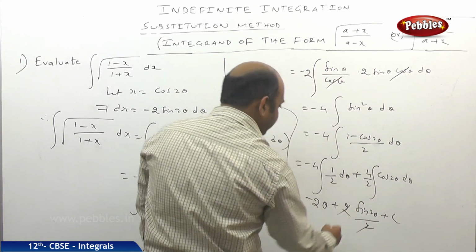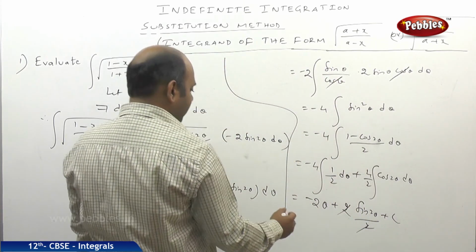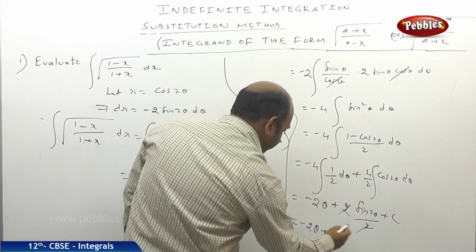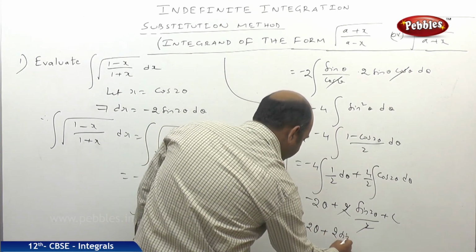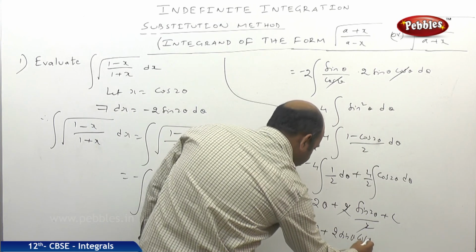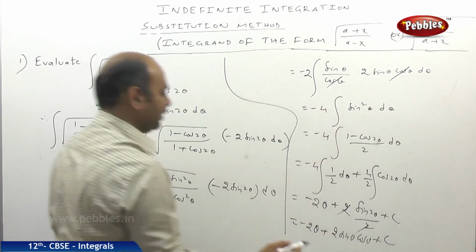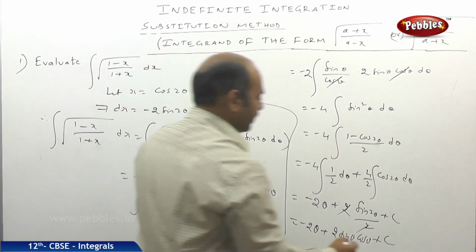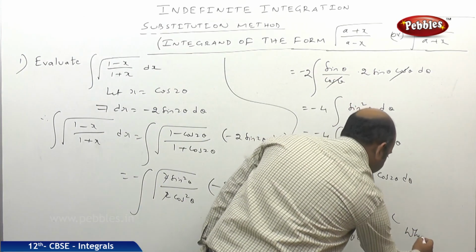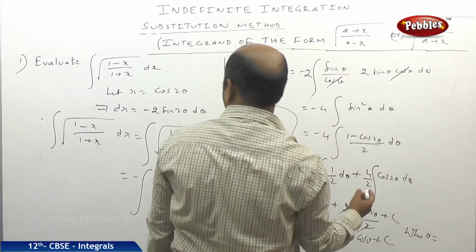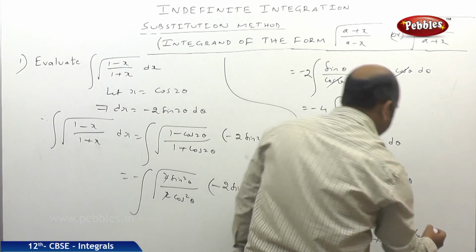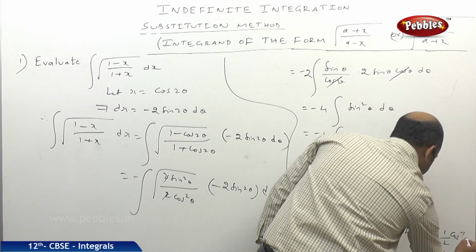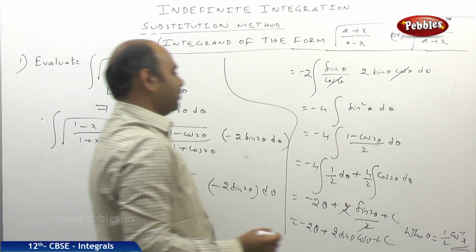Again 2 will get cancelled. So finally there remains minus 2 theta plus sin 2 theta, which I can write as 2 sin theta cos theta plus c, where theta is nothing but 1 by 2 cos inverse x.